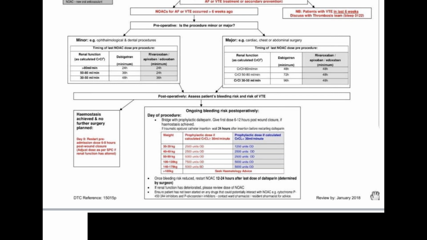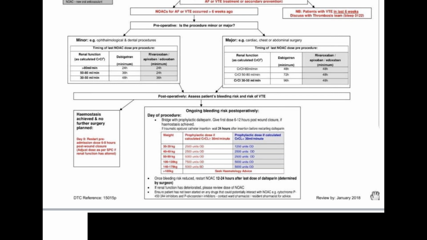So that's the local protocol of our hospital. They are using dalteparin. There is no official type of heparin used; it depends on the local hospital use. Here the dose will be calculated according to the weight of the patient.